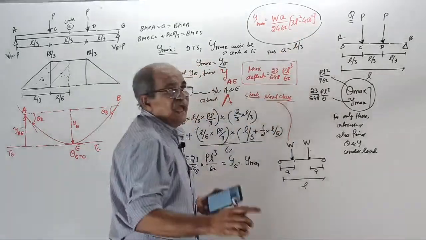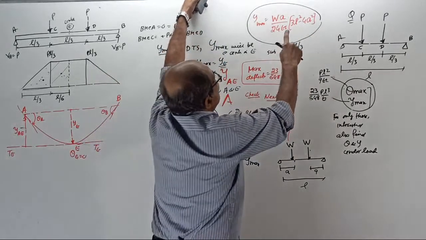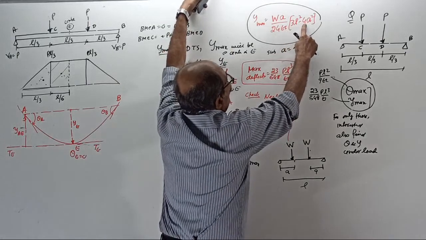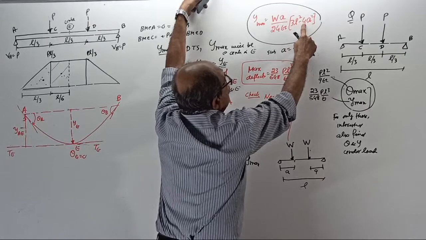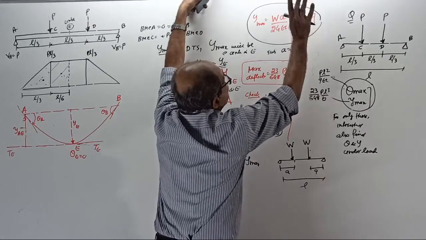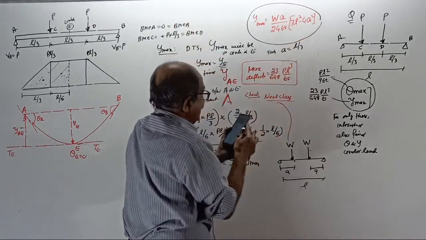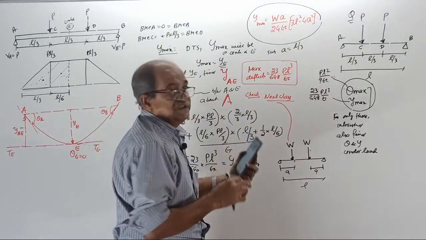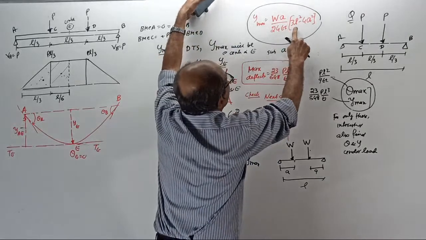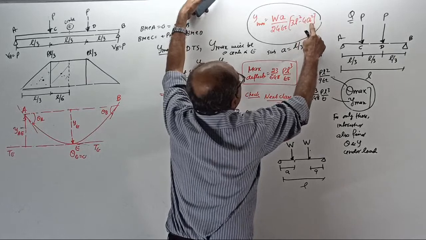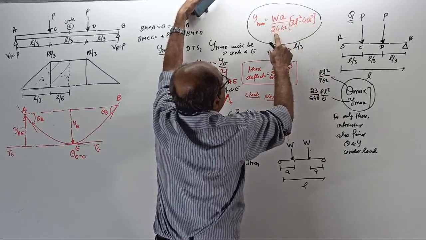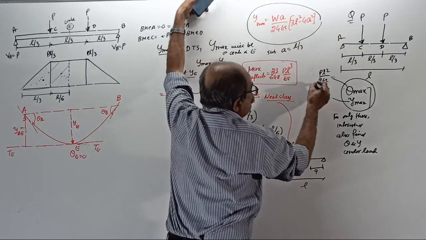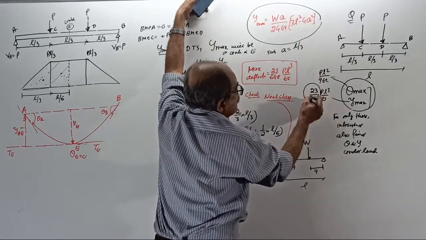Then take your calculator. 3 minus 4 into 1 by 9, since A is L by 3, L square comes outside. Answer into 1 by 3 divided by 24. You have to get 23 by 648.